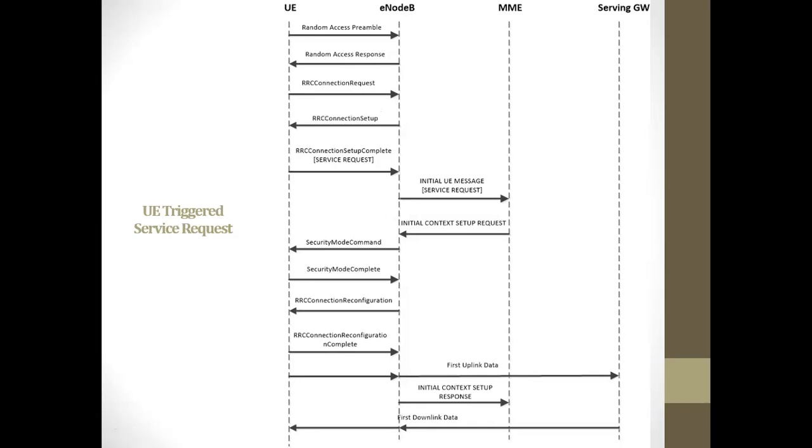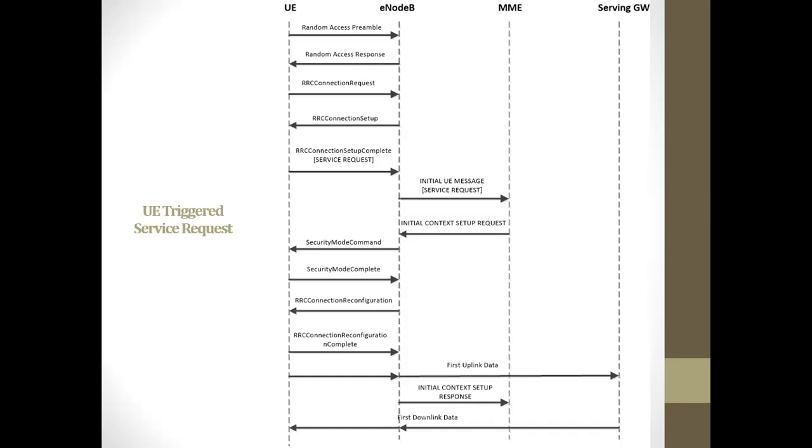But when you send this RRC connection setup complete message, a message is piggybacked on that for the core network, the service request message. The eNodeB just detaches that part and forwards it to the MME. So the MME knows what to do from this, that you need to make a voice call or video call or whatever.